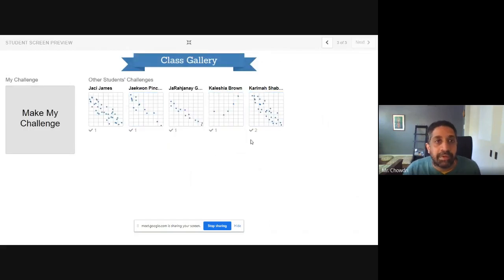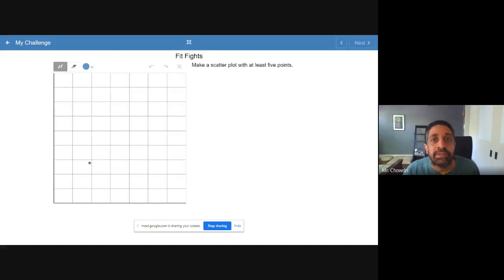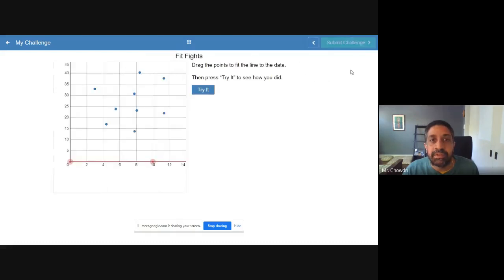And now you see some of our friends have already made challenges. Now what you do is you go to make my challenge, and then it says make a scatter plot with at least 5 points. 1, 2, 3, 4, 5. And then you go to next. And then you try to make a line that matches your relationship.